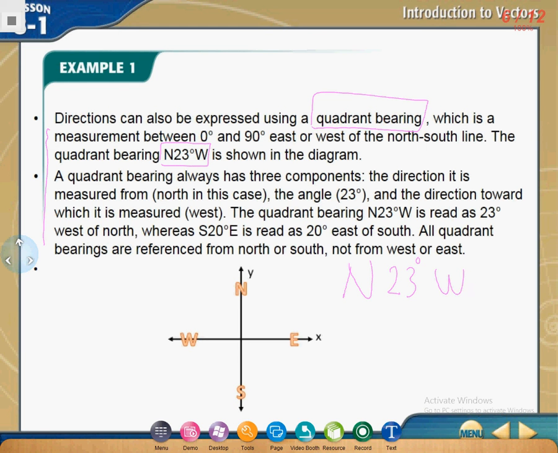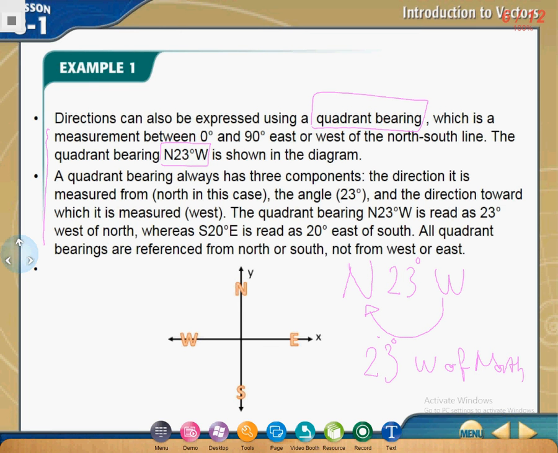We read it 23 degrees west of north. West of north. In some books you will find it like 23 degrees west of north, or N alone, okay?